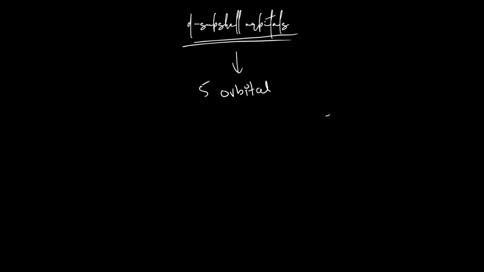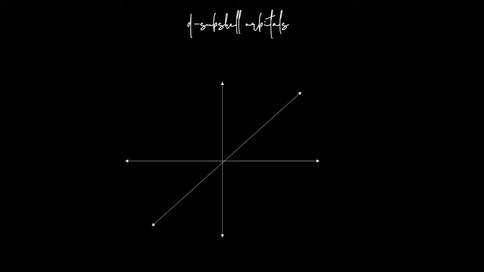Other than that, we know that one orbital can hold about 2 electrons. So if I'm discussing 5 orbitals of the d-Subshell, what do we have? We have 10 electrons. So the maximum number of electrons possible in the d-Subshell is 10, and each orbital will hold 2. And well, let's get into it.